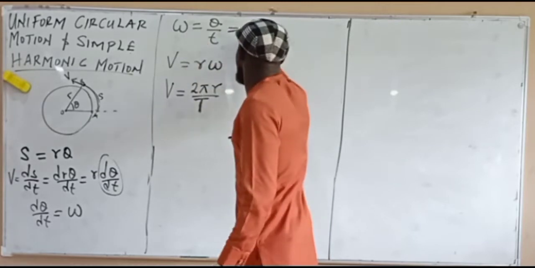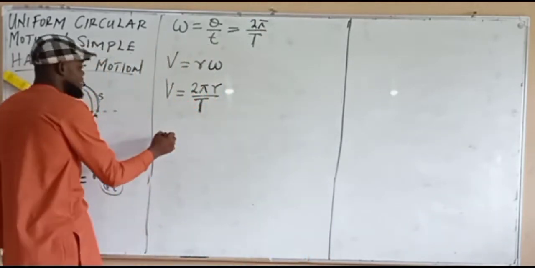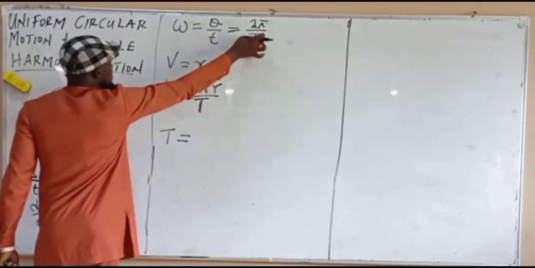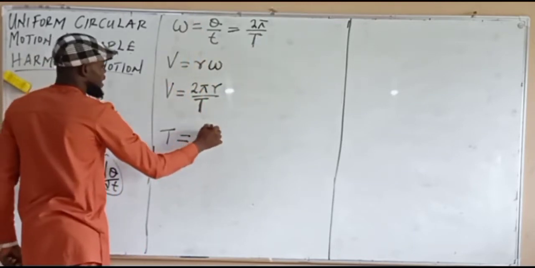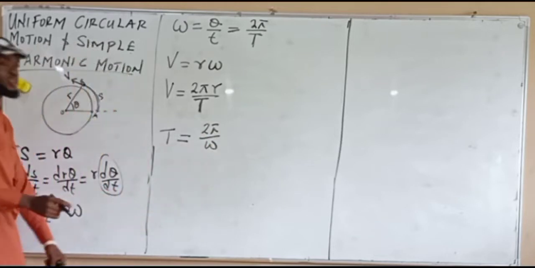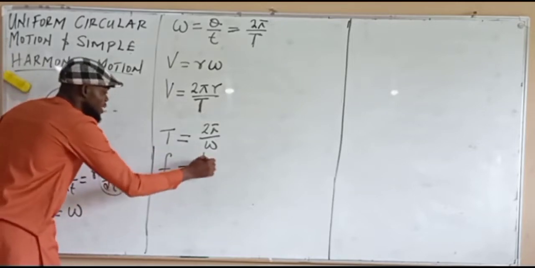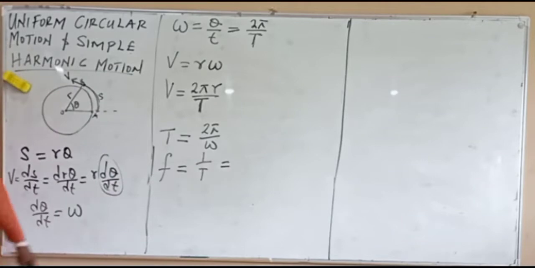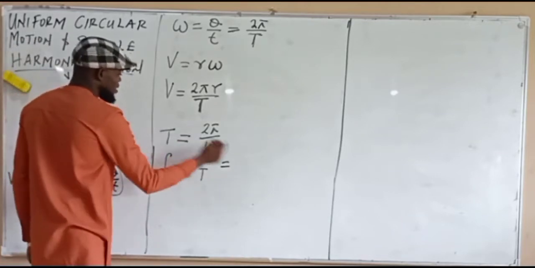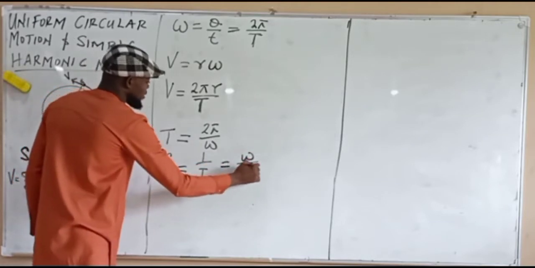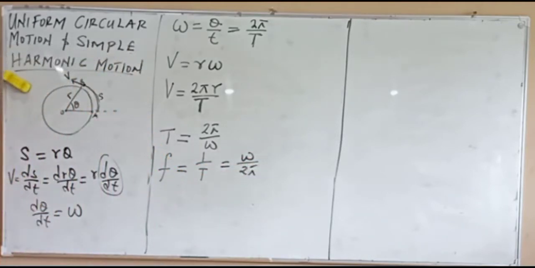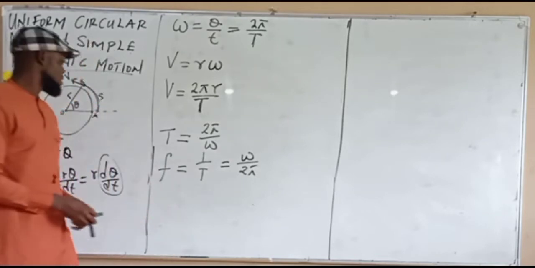Our angular velocity is 2 pi over T, while the period T can also be written as 2 pi over omega. And frequency is 1 over period, which I express as omega over 2 pi, and it's always given in per seconds or hertz.